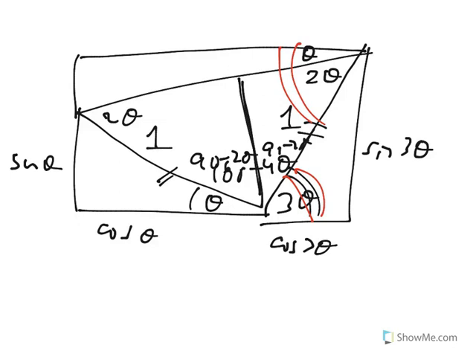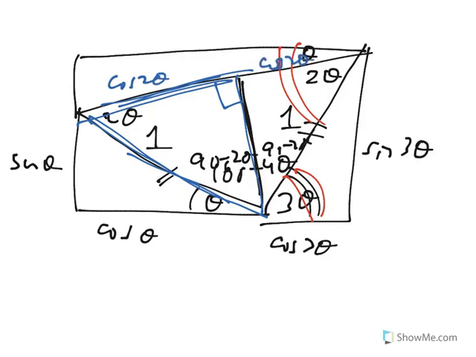Now, in this right triangle here, the hypotenuse is 1, and the side adjacent to the 2 theta is going to be cosine 2 theta. And this is also cosine 2 theta. So together, those make 2 cosine 2 theta.